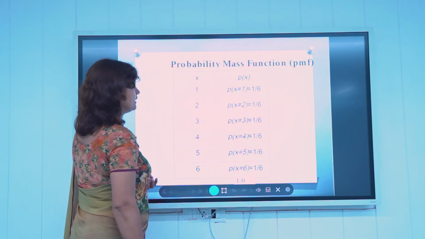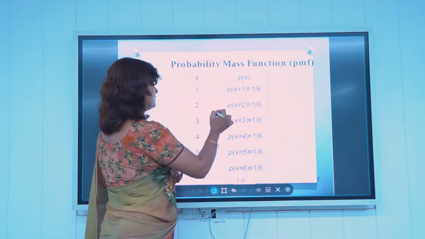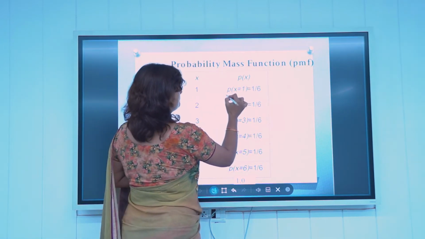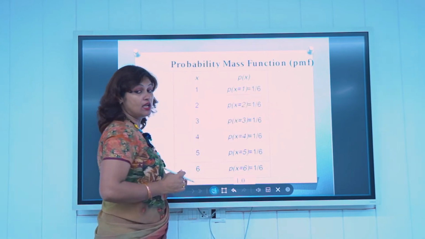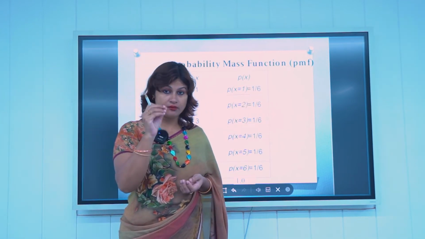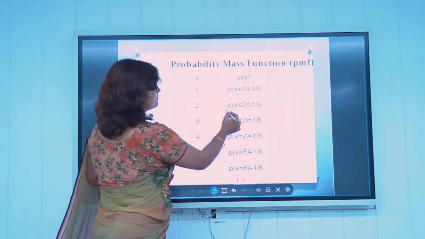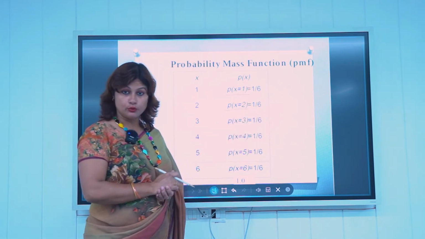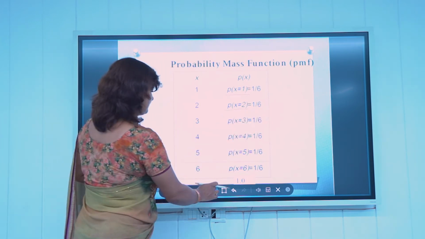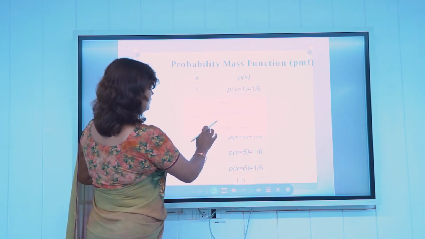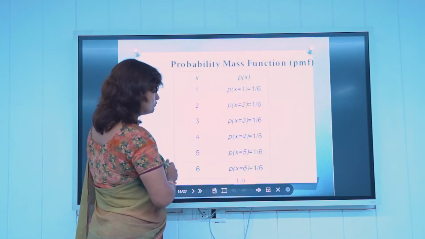Mind the way of writing the notation: here it is written as probability x equal to 1. It is the probability for the random variable equal to 1, and this is the probability for the random variable equal to 2, and so on. Again, you can see here the sum is equal to 1.